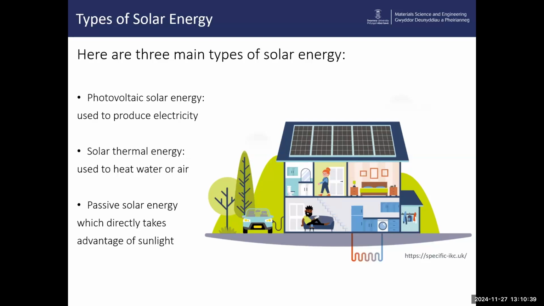And we can also utilize the solar energy passively, which directly takes advantage of sunlight. So for example, a sun-facing room will heat itself essentially when the sun is shining. So that's a way of passively using solar energy.